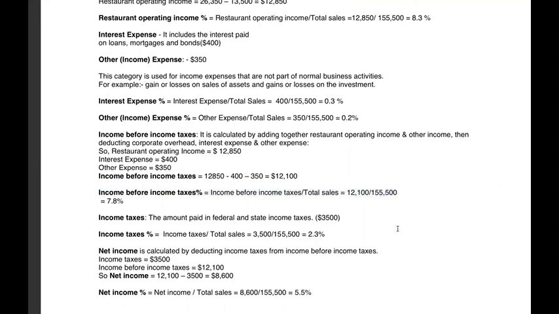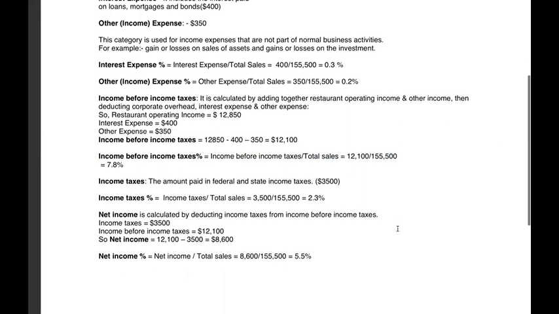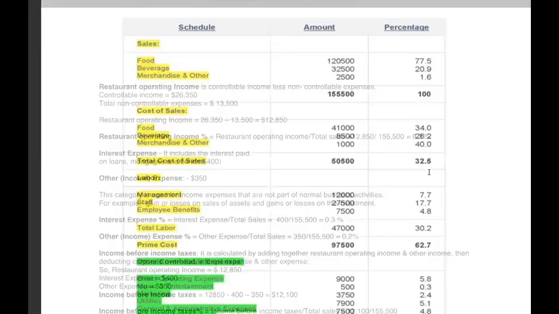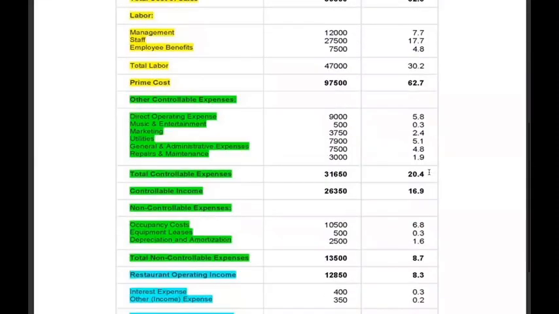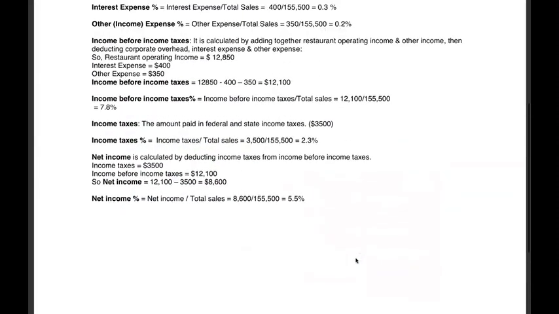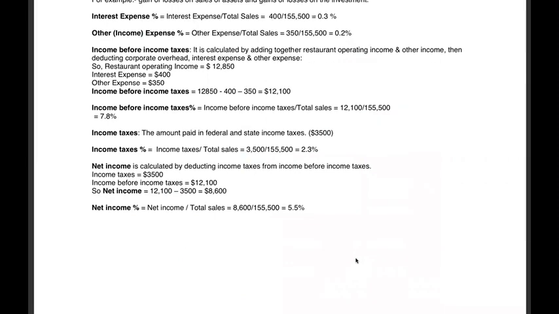Next is income taxes. What is included in that? It includes federal and state income taxes. In this slide, our income tax is 3,500. Let's calculate net income from this. Net income is calculated by deducting income taxes from income before income tax.